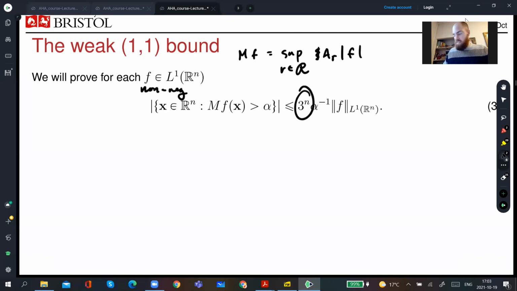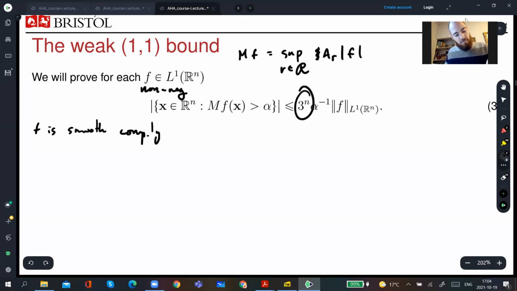We said f is in L1, and we said f is also smooth and compactly supported.